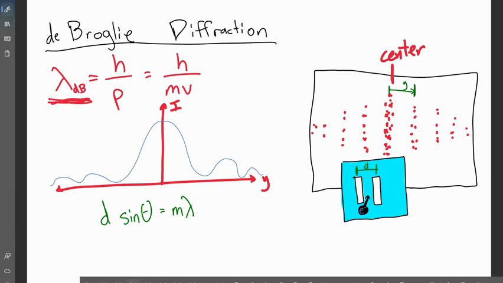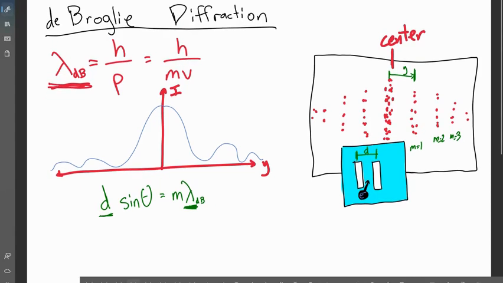If it's a single slit, it's just the width of one slit. So the distance between slits times sine theta is equal to m lambda, where m equals 1, m equals 2, m equals 3, all that kind of stuff. Where we have the wavelength, except the wavelength now is the de Broglie wavelength.